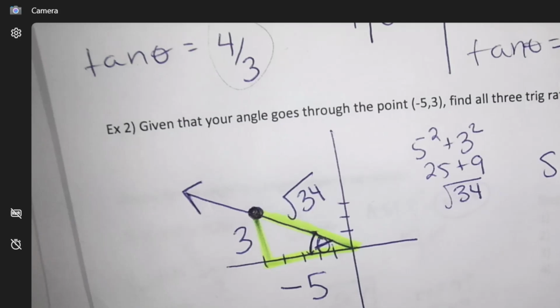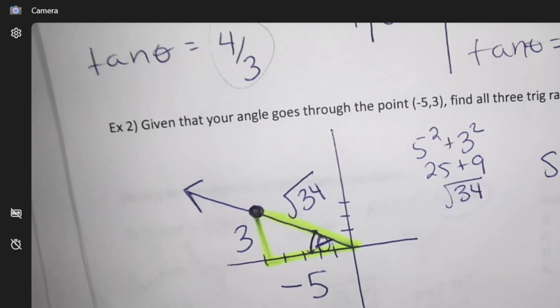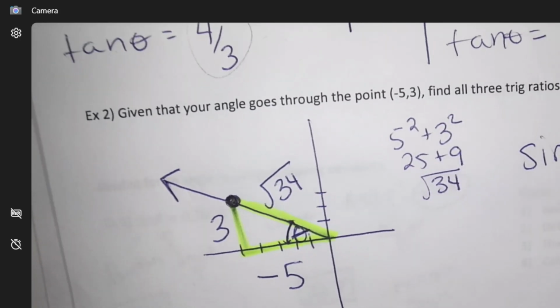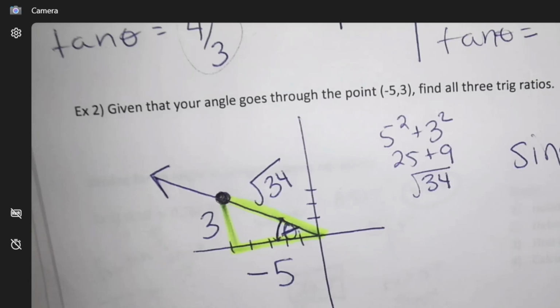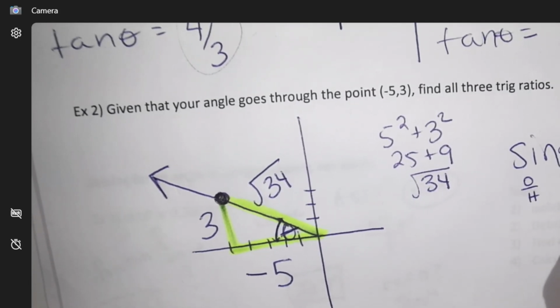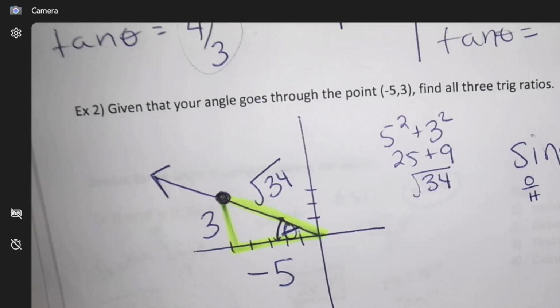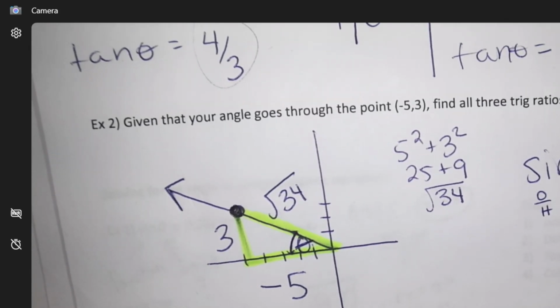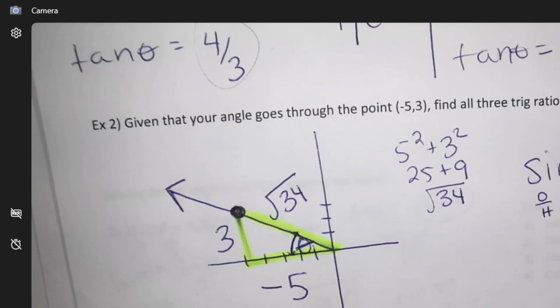Okay, so here we go. Sine theta equals, and then you could either do O divided by H, or you can use Y divided by R. So it depends which one you're thinking about. They're the same thing.